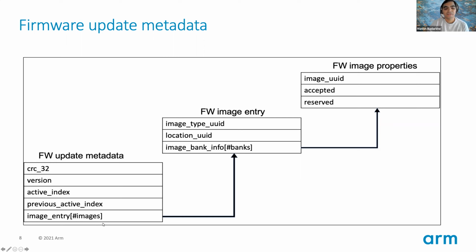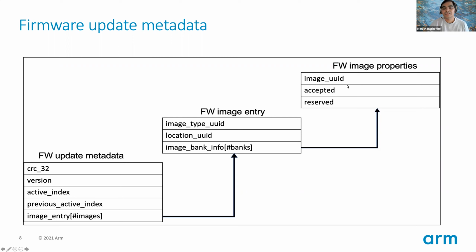And we will specify its properties over here, like what is the type UUID of the FIP, and whether it is located in the flash or SRAM. So accordingly, we'll update its UUID, depending upon the banks, where exactly this FIP is located.